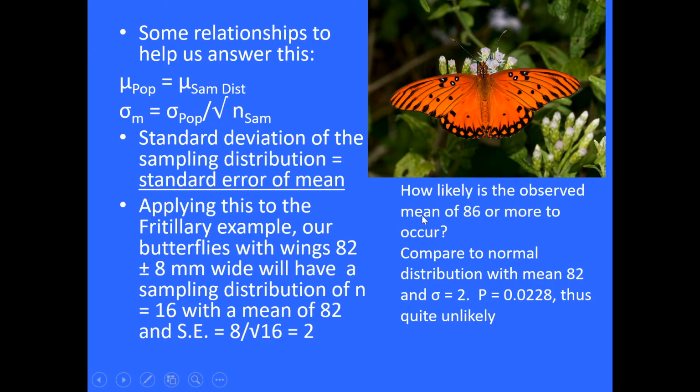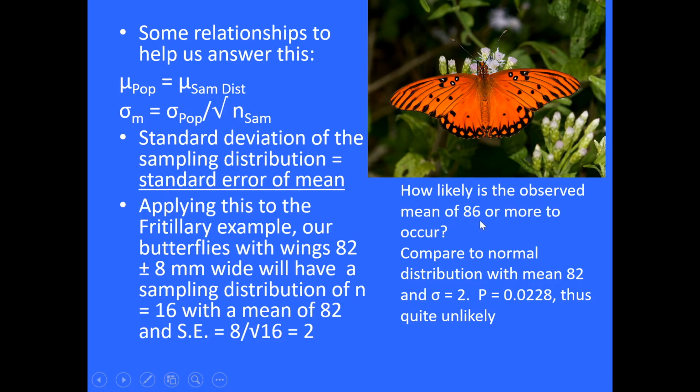How likely is this observed mean of 86 or more to occur? Well, just looking at the one end, we saw the probability of getting 86 or more, and this is the type of question you're going to get in Lane's book, is 0.023. So quite unlikely for that to occur. So what that means is something's going on.